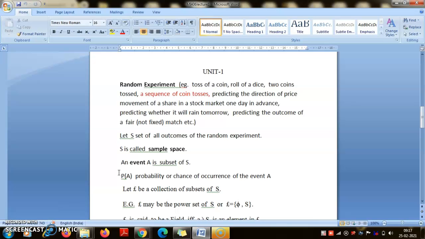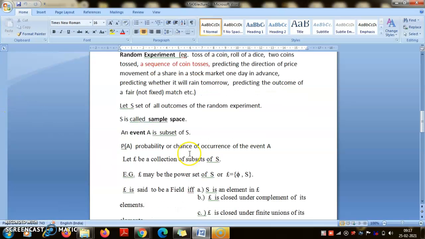Now the set of all possible outcomes we call the sample space S. Any subset of S we call an event. And probability is a function that assigns non-negative numbers to any event A. This is for mathematical details. The collection of all subsets of S we denote by this symbol; you can call it F. You can say, sir, can we simply take this to be the power set?